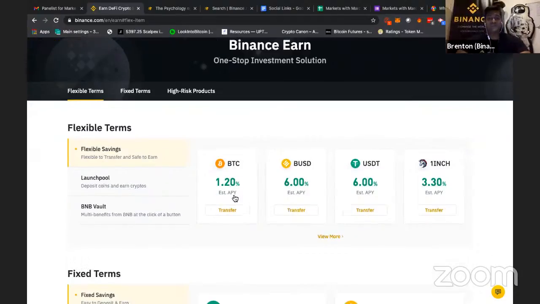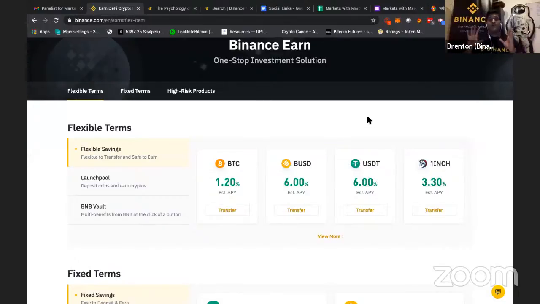With flexible savings, you can transfer your Bitcoin into this wallet and earn 1.2% a year, but in Bitcoin, and that's distributed weekly. So with flexible savings, I can add my Bitcoin, start earning for 3 weeks, decide in 1 hour I want to pull it out, and pull it out immediately. The same goes for BUSD, which is Binance's USD stablecoin, and USDT.